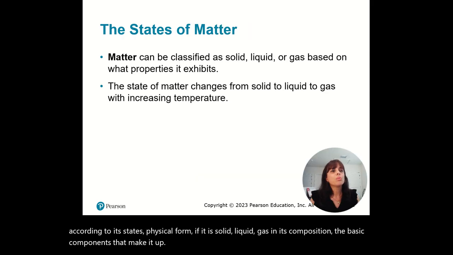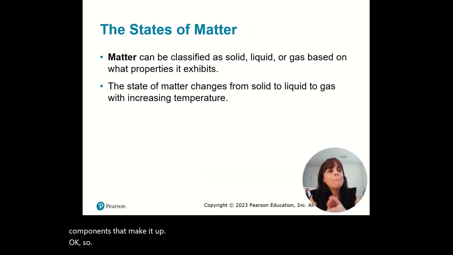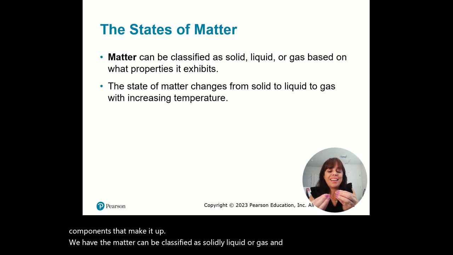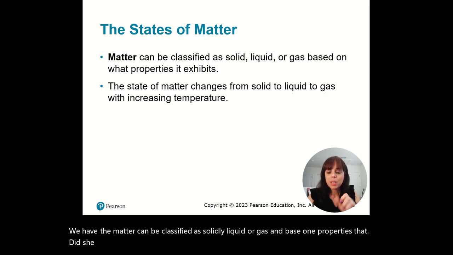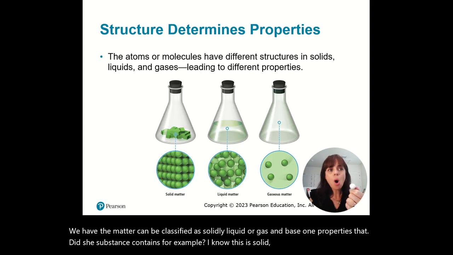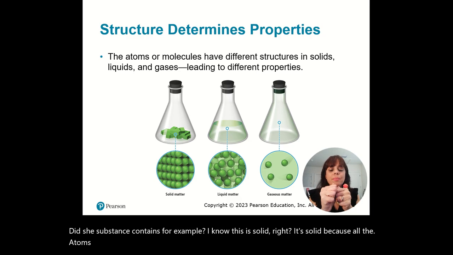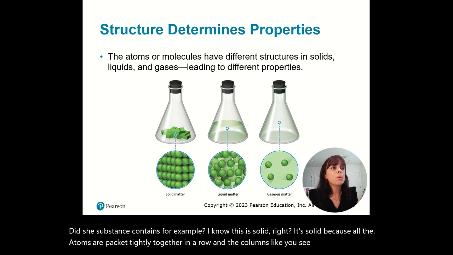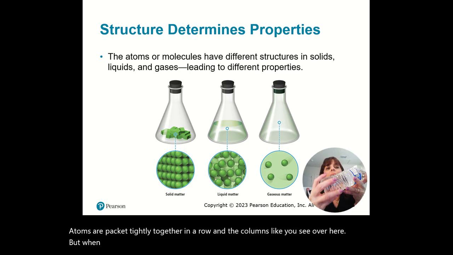Okay, so matter can be classified as solid, liquid, or gas, based on the properties that each substance contains. For example, this is solid because all the atoms are packed tightly together in rows and columns, like you see over here. But when you go to liquid, the atoms are a little bit farther away from each other.